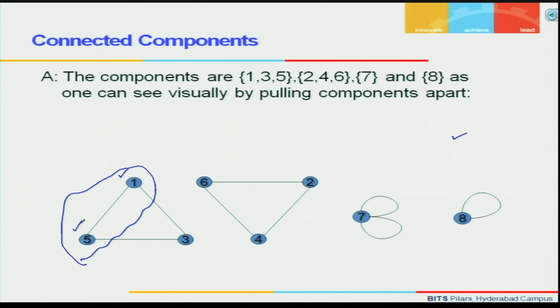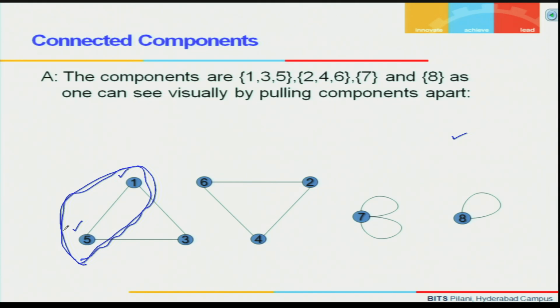That means there should not exist any connected subgraph containing this particular subgraph. Is that true in this case? What maximal means is there should not be any connected subgraph which is containing the subgraph {1, 5}. No, that is not true.